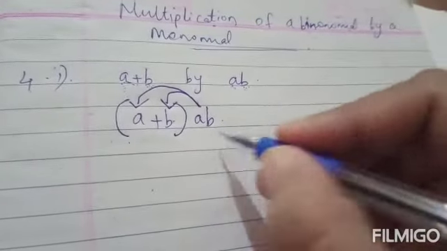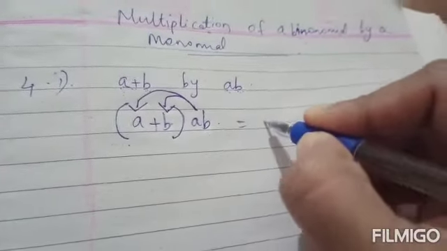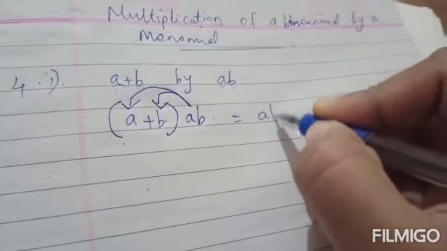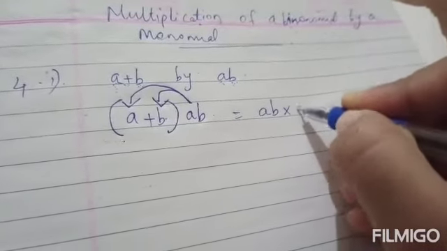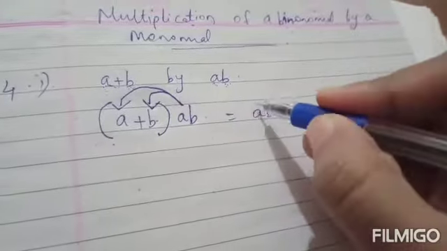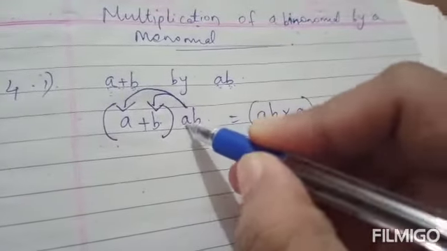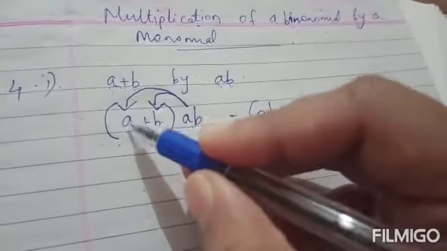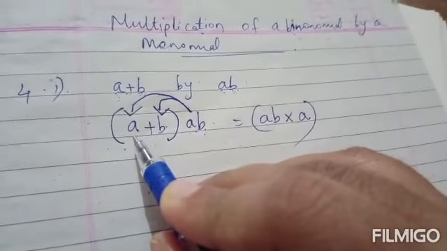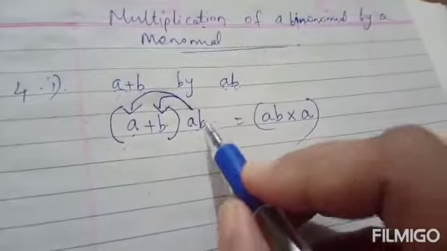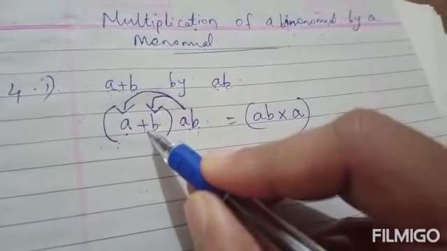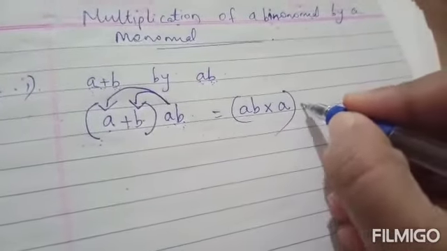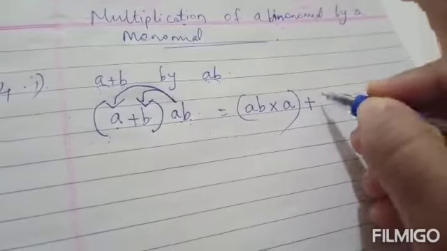That is AB into A. First you are doing AB multiplied with the A. The given monomial is multiplied with the first term of the binomial. So AB into A. Then here the sign is plus, so put plus sign.